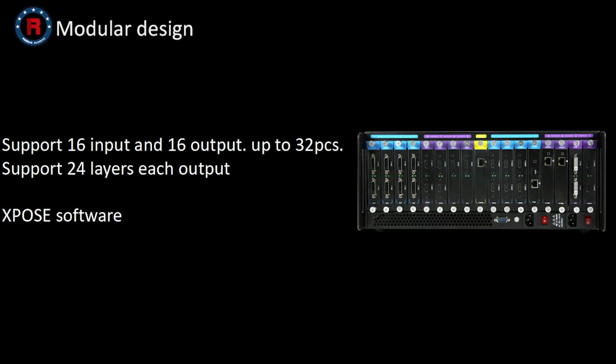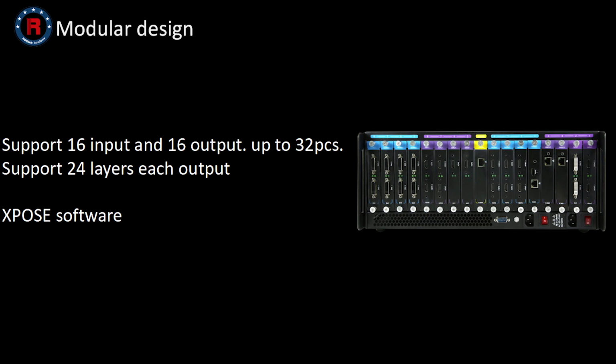So if the quantity is still not enough for you, don't worry. We have the other device, Q32. Just like the name, Q32 can support up to 32 input and 32 output, and it uses the 9U standard size.